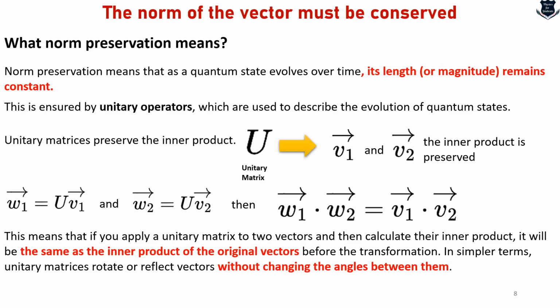Now this seems very important, but it is, I would say, a seemingly simple requirement that the norm of a quantum state must be preserved, and it is a cornerstone of quantum mechanics. It has far-reaching consequences for our understanding of the universe, from the nature of probability and reality to the foundations of what we call information theory.